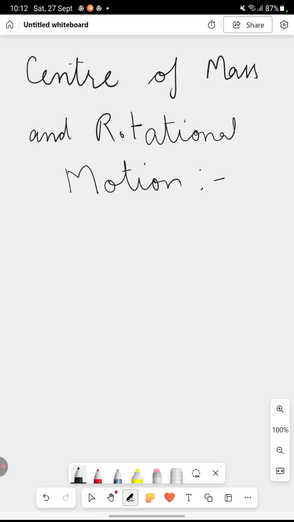Whenever we have to study motion, we always considered a body like a single particle. Now if you look around you, every object is made up of so many particles.